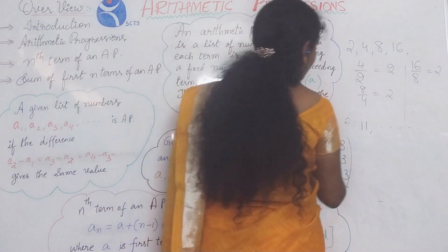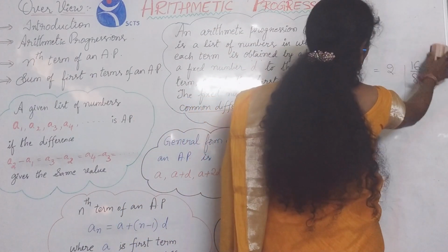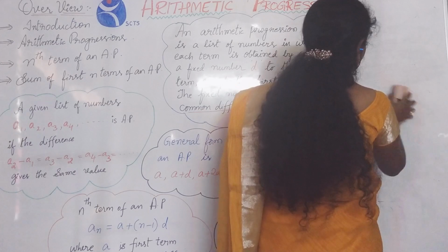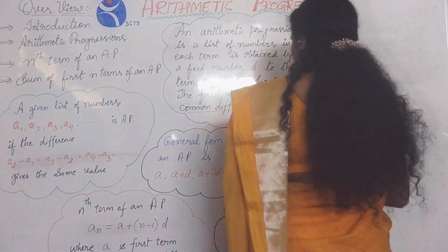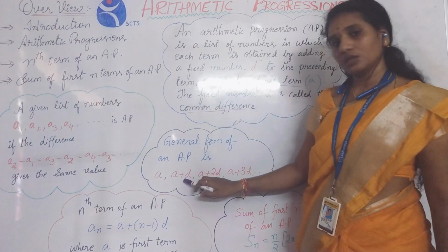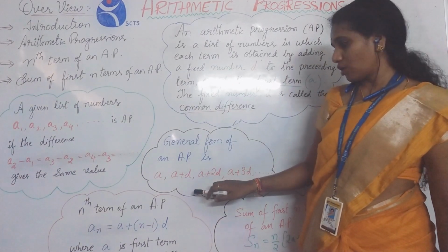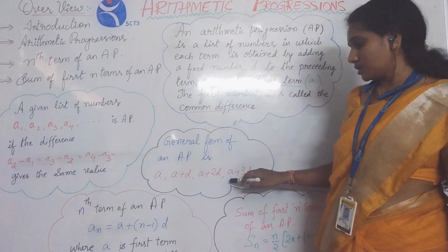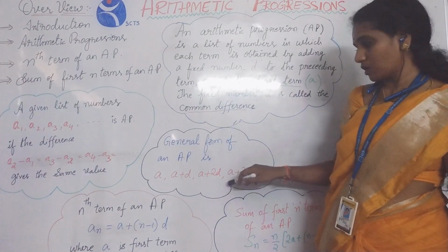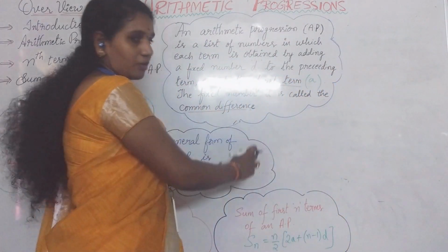So if I take the first term as A and keep adding D, the first term is A, for the second term I added D, so I got A plus D, for the third term I added D to the second term, I got A plus 2D, and for the fourth term I added D to the third term, I got A plus 3D. So this is the general form of an AP.